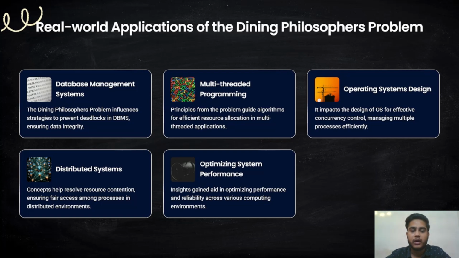In multi-threaded programming, principles from the problem guide algorithms for efficient resource allocation in multi-threaded applications. In optimizing system performance, insights gained aid in optimizing performance and reliability across various computing environments. Operating systems design: it impacts the design of OS for effective concurrency control, managing multiple processes efficiently.